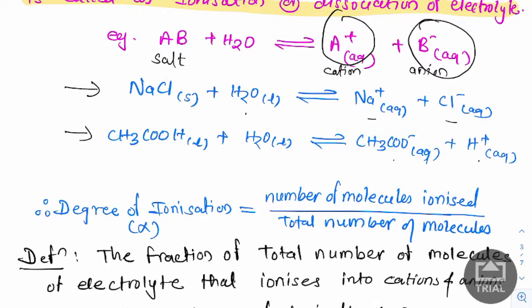So the amount of salt dissociated divided by the total number of salt molecules is called the degree of ionization, and it is represented by the symbol alpha. The definition of degree of ionization is the ratio of the number of molecules ionized to the total number of molecules.